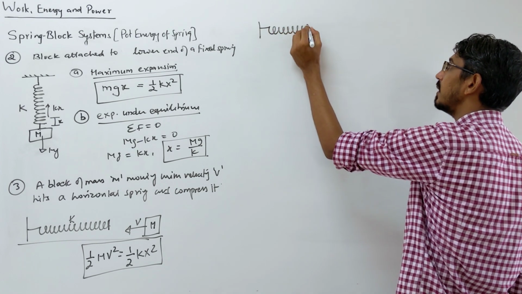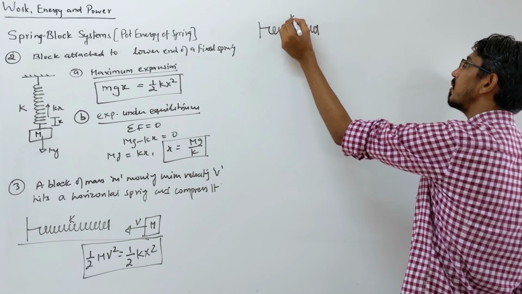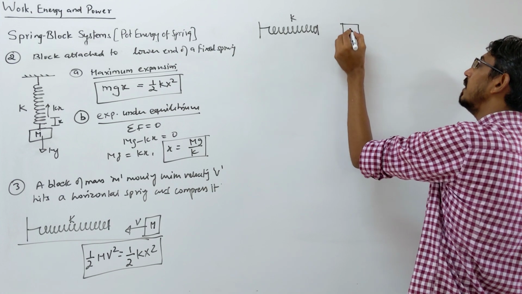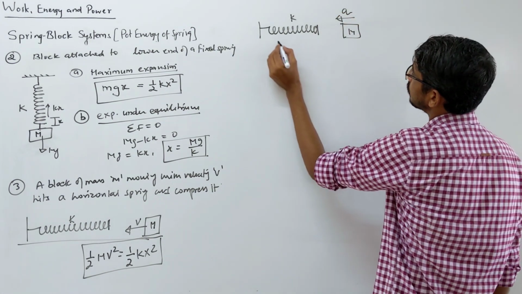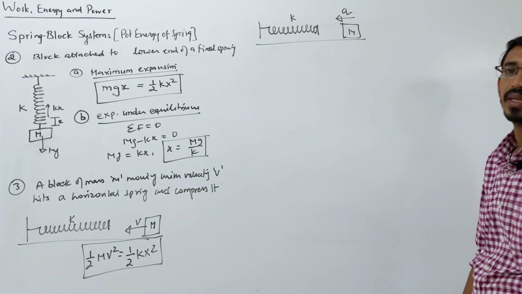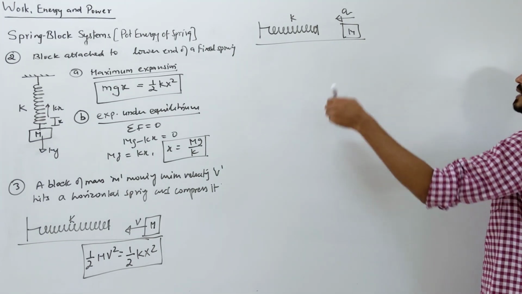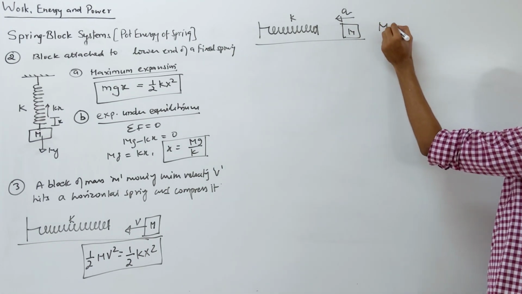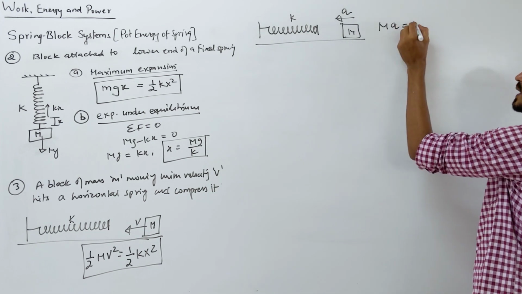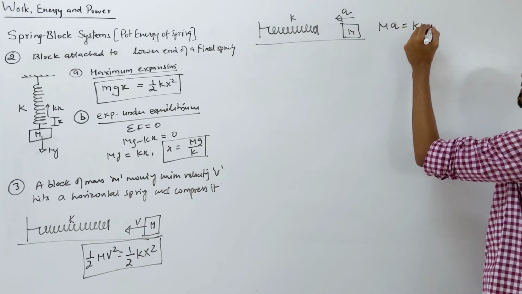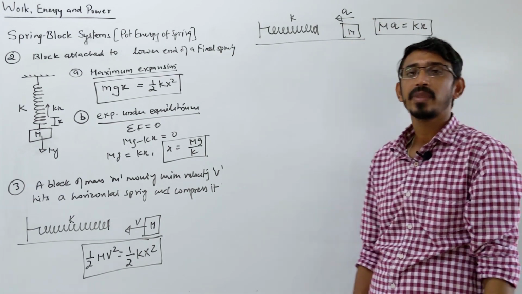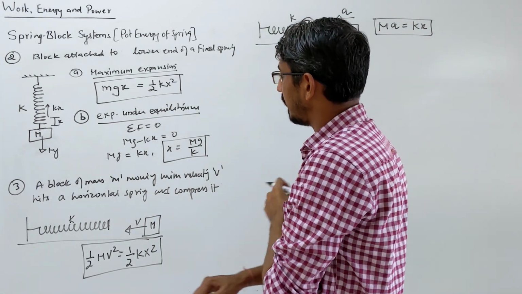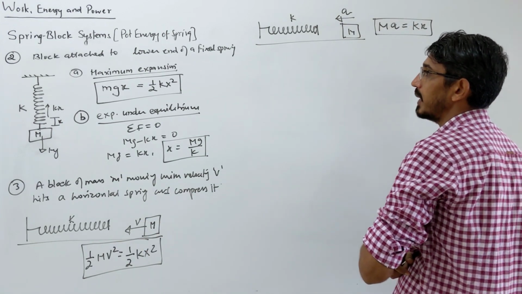Spring will be here again with spring constant k, a block of mass m is coming, and its acceleration is given. In that case, the block applies a force of ma, which is balanced by the spring force kx. From here you find x, the compression. Acceleration of the block will be given.